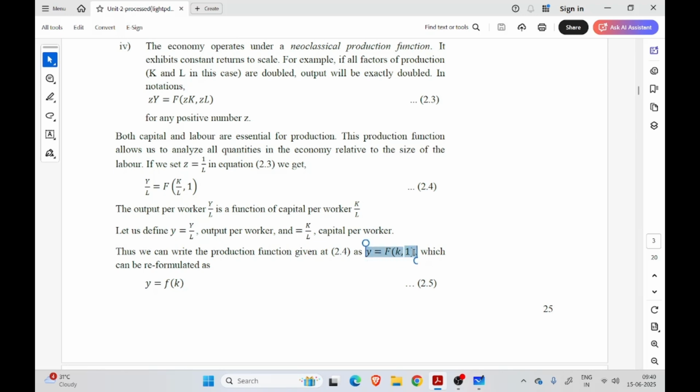Basically we get y is equal to f of k comma 1, which can be reformulated as y is equal to f of k. Now this has to satisfy certain conditions for it to be acceptable as a production function in the Solow growth model.